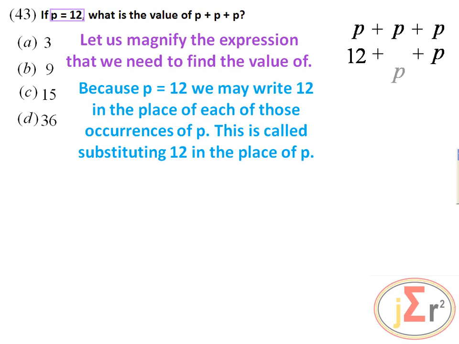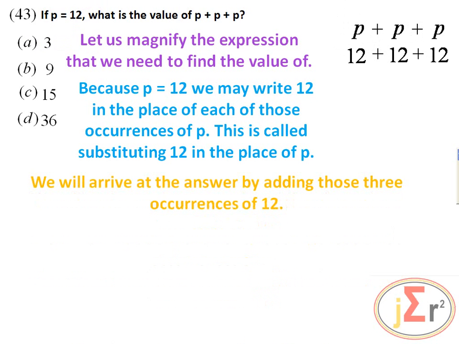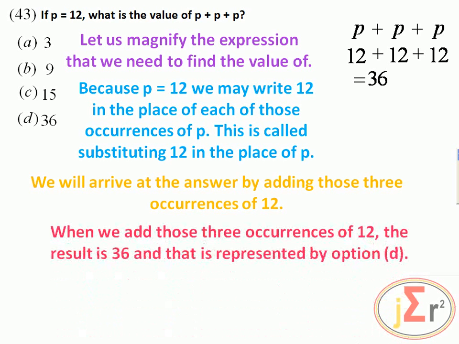Make a substitution, make another, and finally we will arrive at the answer by adding those three occurrences of 12. If we add those three occurrences of 12, the result is 36. And that is represented by option D.